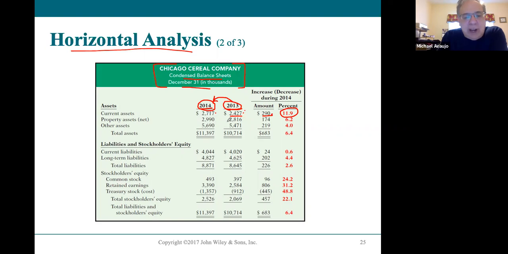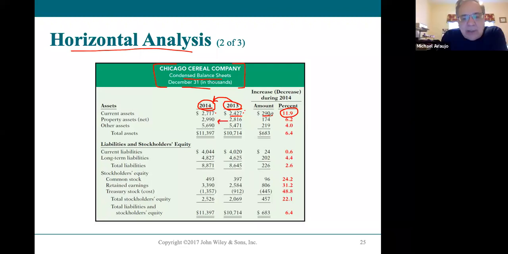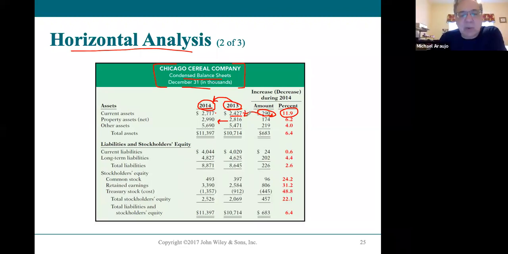So, and they do this for everything. So property assets. How do you get that 11.9? You take the 290, you take the difference and divide it into the base, which is 2,427. Okay, we were able to do that? All right, so here we have property assets listed in 2013 at 2,816.